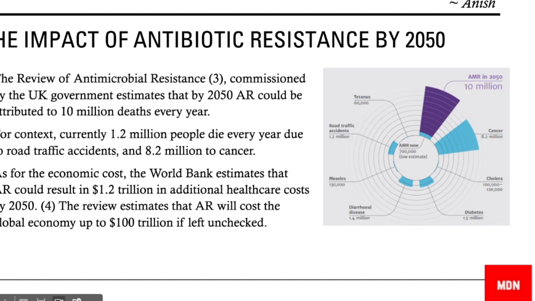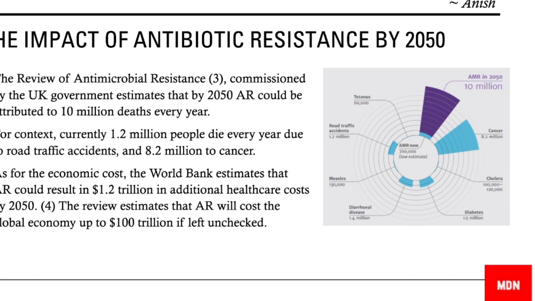So that was the current impact, but we also have projections for the future on how antibiotic resistance can affect us. By 2050, antibiotic resistance could be attributed to 10 million deaths every year, according to a review of antimicrobial resistance.